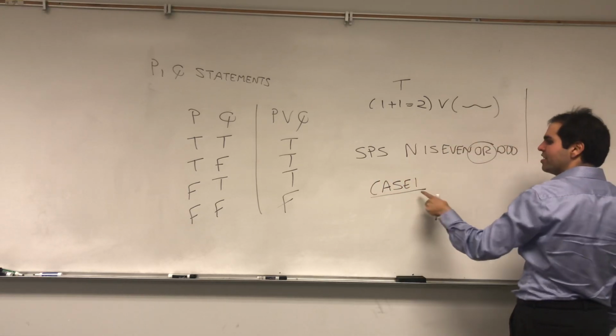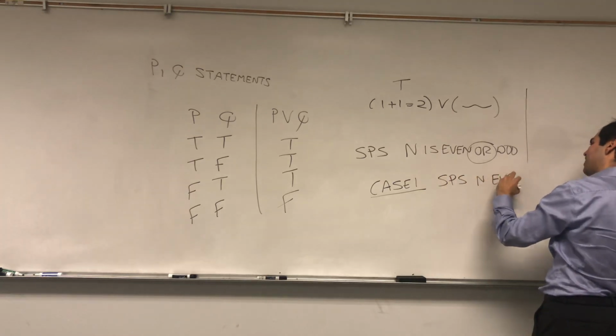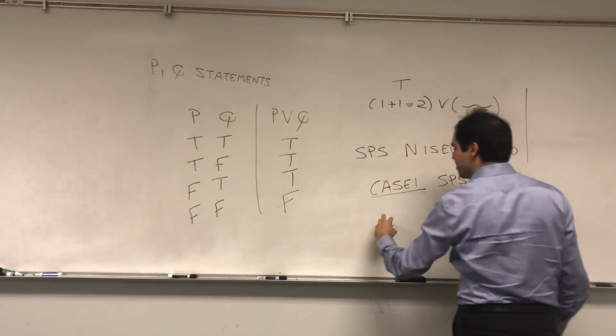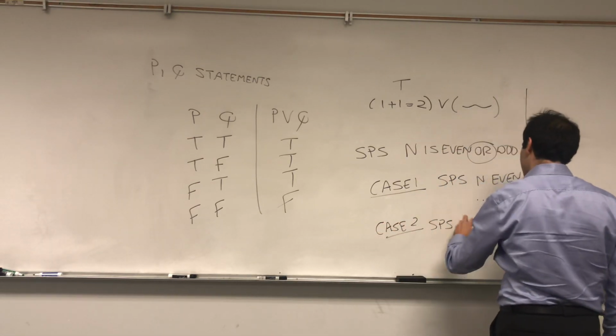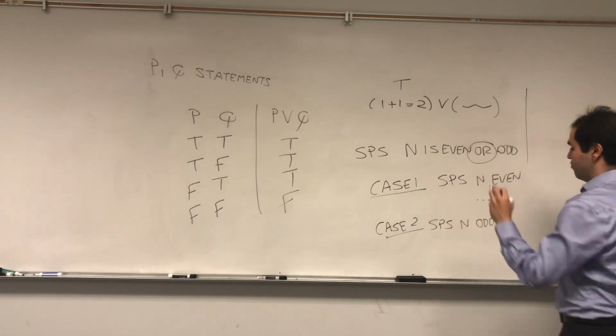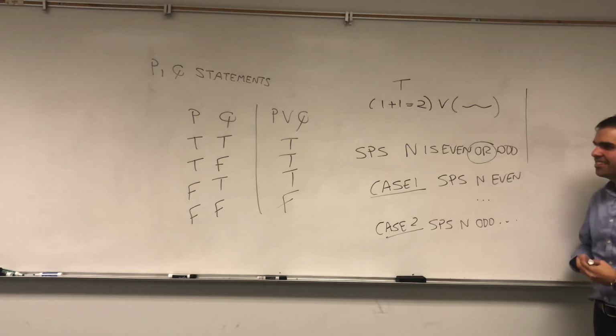Usually the way you do this, you say, well, first suppose n is even, and then you do your proof. Or you say suppose n is odd, and then you do your proof like that. So again, or is a good indicator of cases.